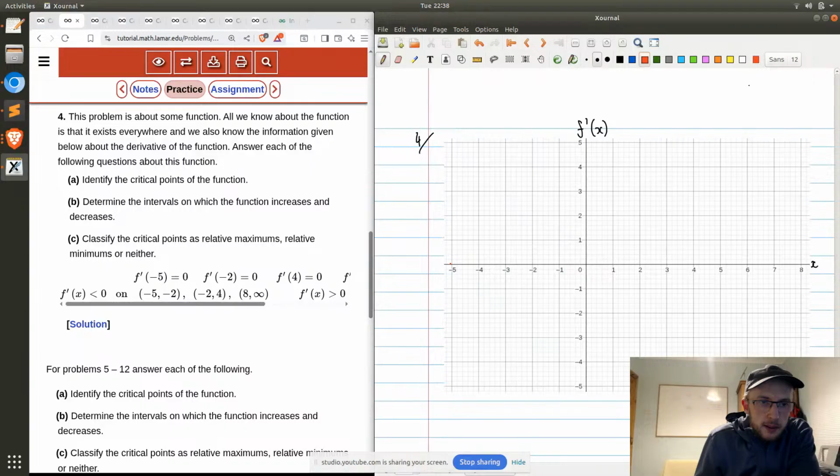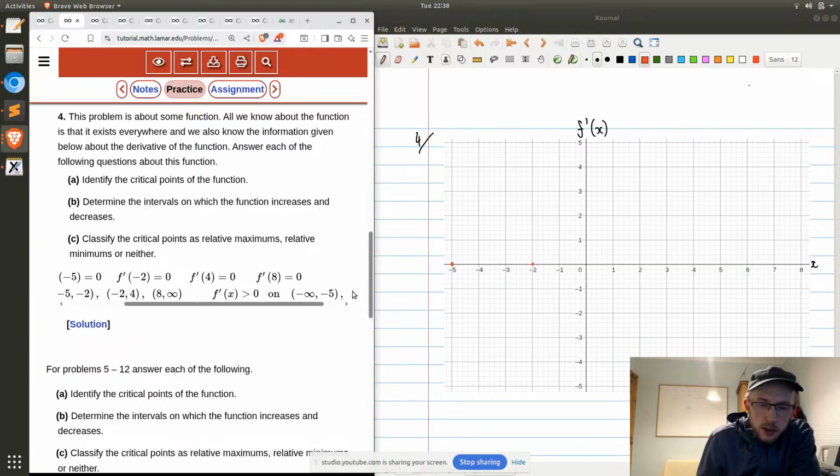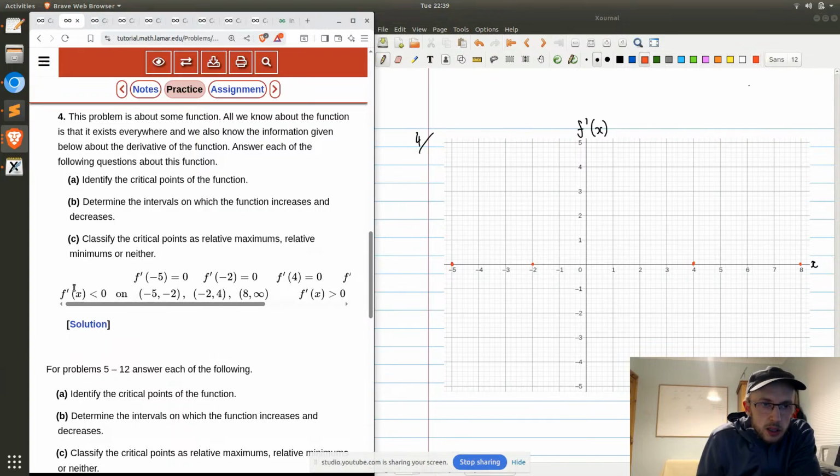Now, at -5, as in here, it's going to be 0. At -2, it's 0. At 4, it's 0. And at 8, it's 0. Now, it's negative from there to there, from -2 to 4.